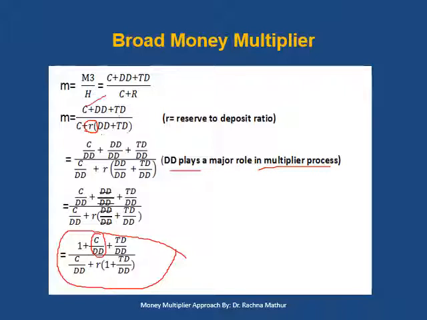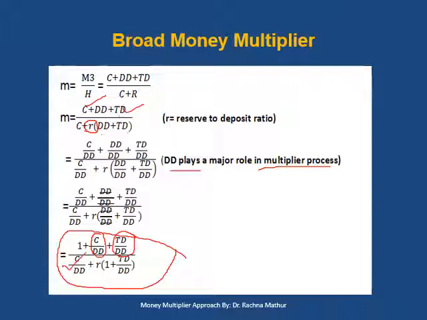In the earlier equation, we called it currency with the public, but now we will call it the currency ratio. Now time deposit upon demand deposit is called the time deposit ratio, whereas in the earlier equation we called it time deposits in the banks.